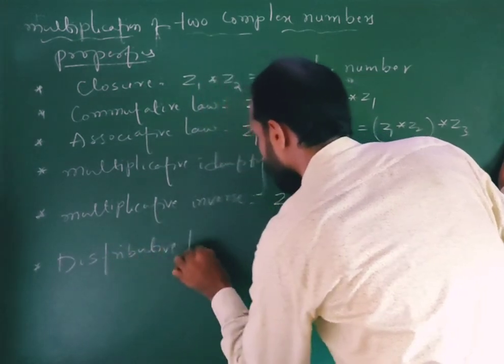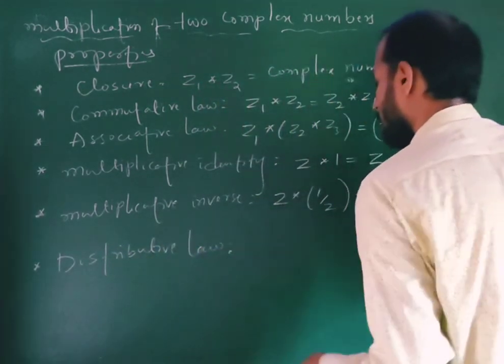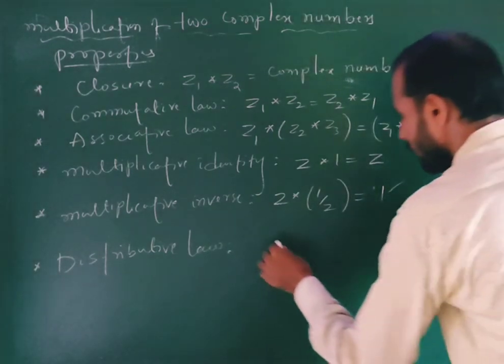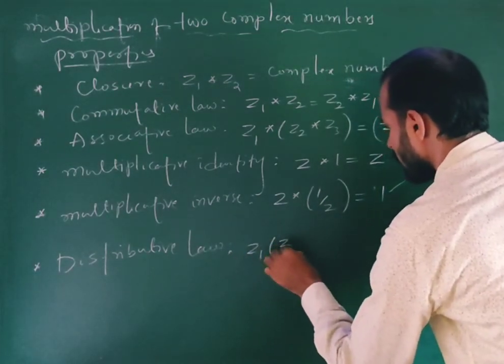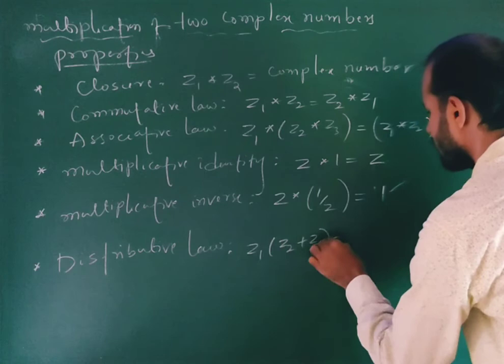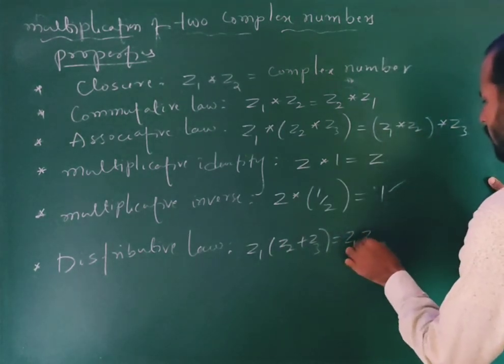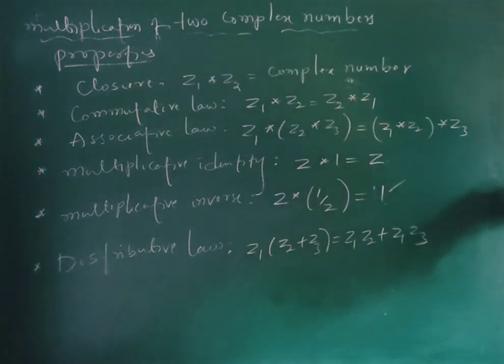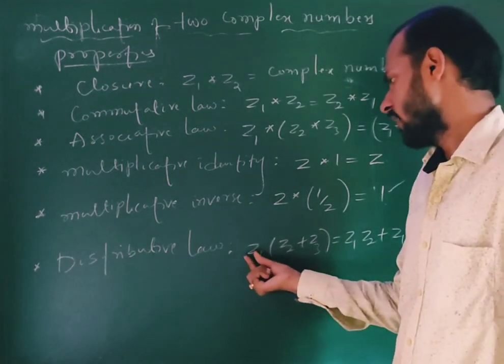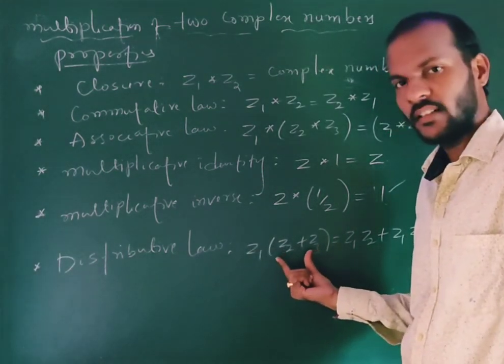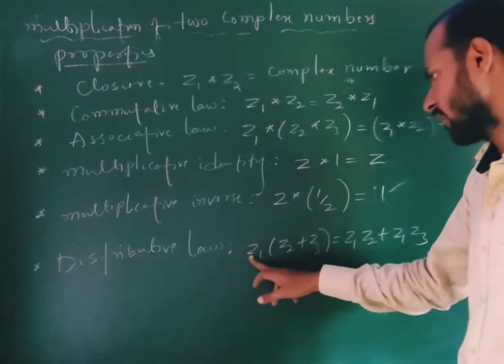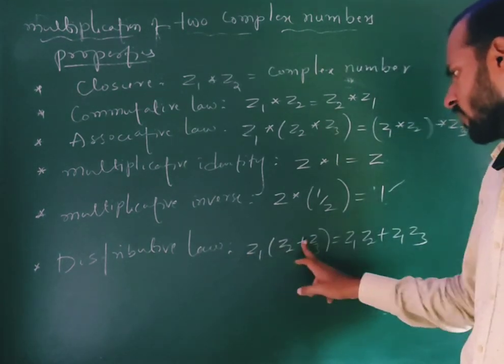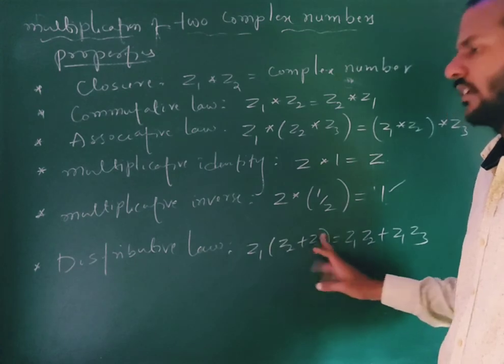The final one is the distributive law. That is Z1 into (Z2 plus Z3) equals Z1 Z2 plus Z1 Z3. If Z1 into (Z2 plus Z3), then what do we get on the RHS? Z1 into Z2 plus Z1 into Z3.